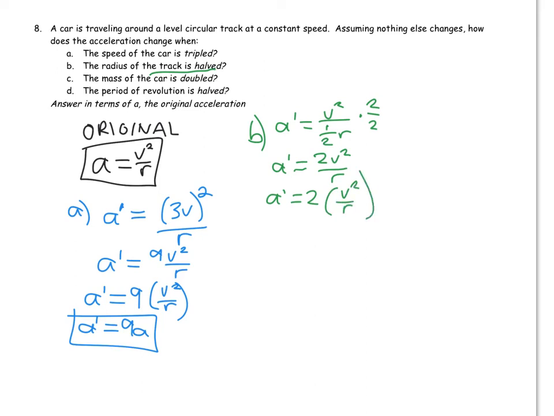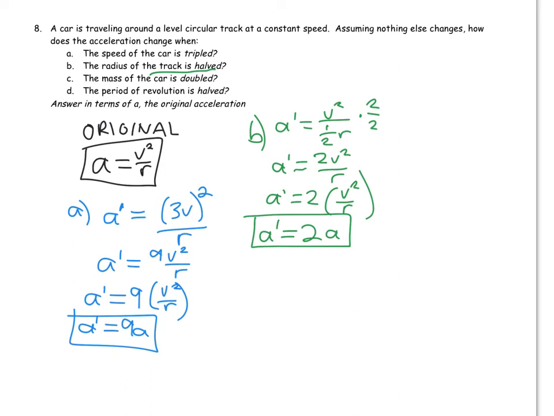Once again, I know that v squared over r is simply equal to my initial acceleration, so I can say a prime is equal to 2 times a, that initial acceleration. Once again, using logic, since a and r are inversely proportional, if our radius is half as much, that means that our acceleration is twice as much.